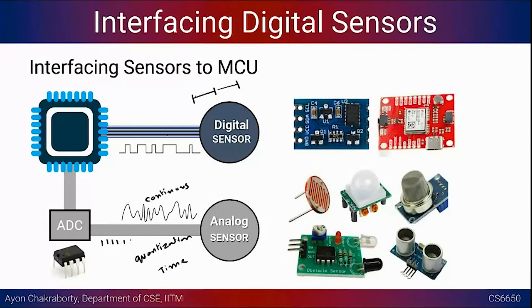And this is called the data bus, or you can call it the digital bus, which is going to have both data and control. As I told you, to control the flow of data between a microcontroller and the digital device, in this case a sensor, there are certain things that have to be agreed upon.